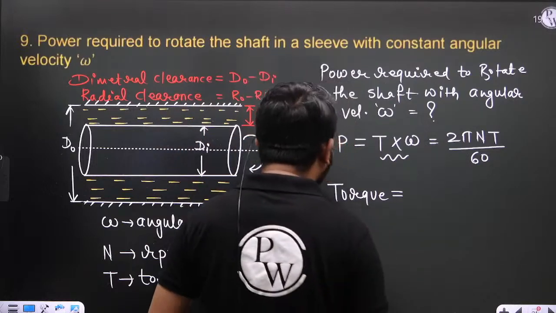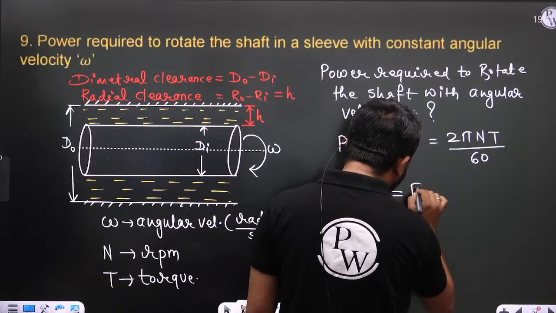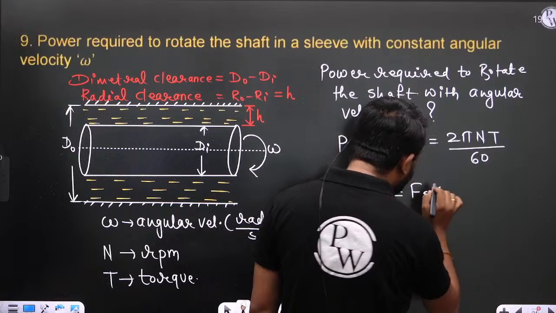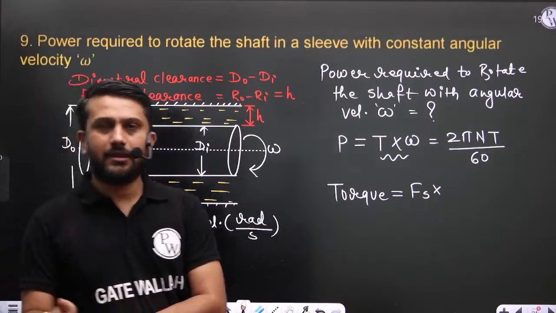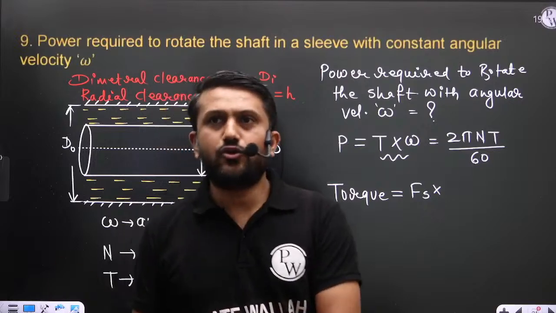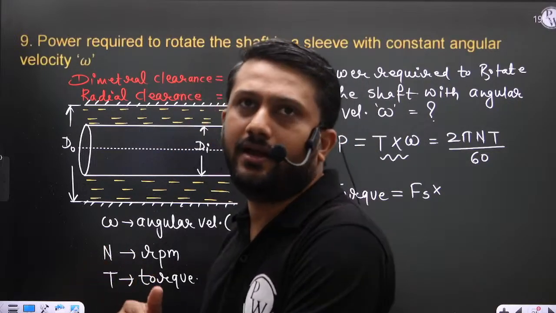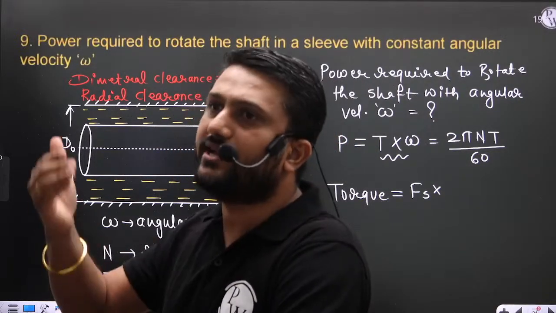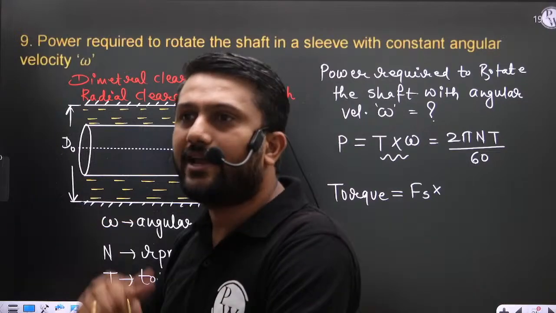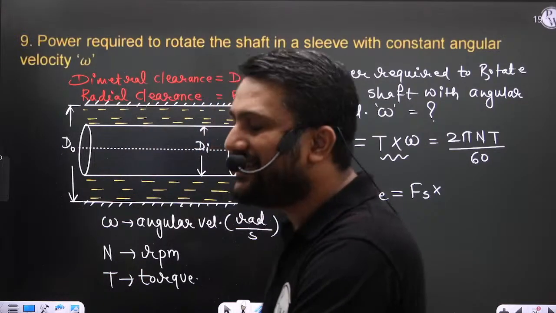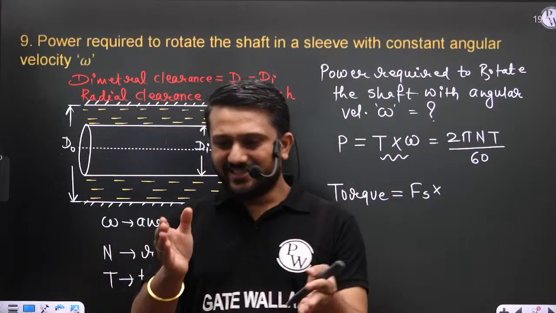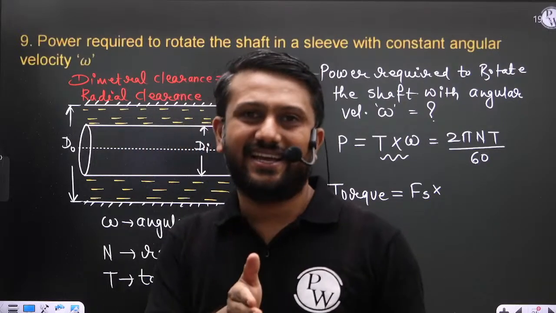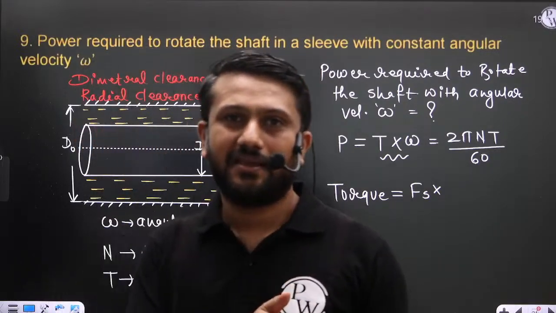So beta, torque is a kind of moment, you know very well. And moment is nothing but force multiplied by perpendicular distance. No beta, it is not 16T by pi d cubed.